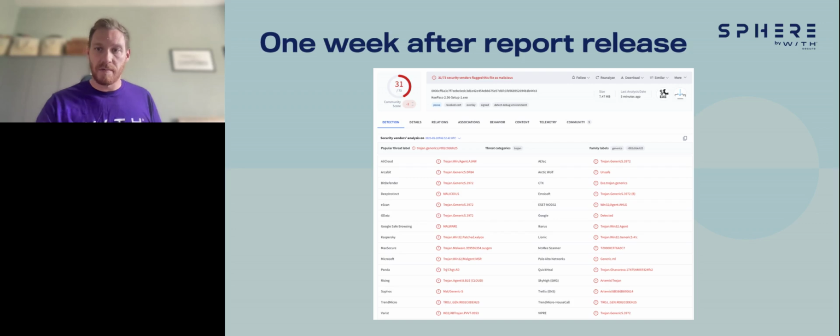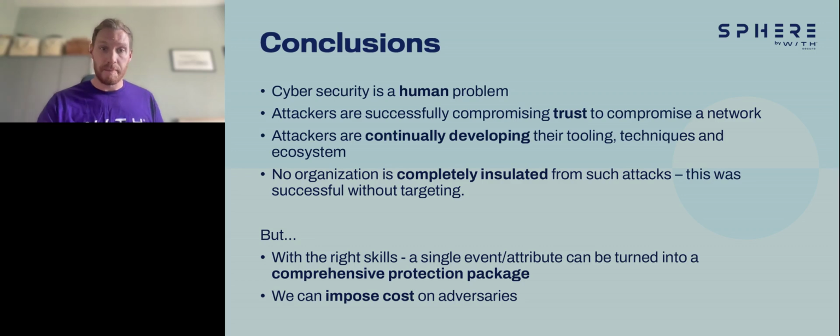However, 1 week after the report was released publicly, what you can actually see was at least 31 other industry peers had released detections as well, which means all of their customers are protected. And I say at least 31 because VirusTotal does not always represent the core set of capabilities for detecting malware. So we moved from one victim to thousands now protected, which is a really positive outcome.